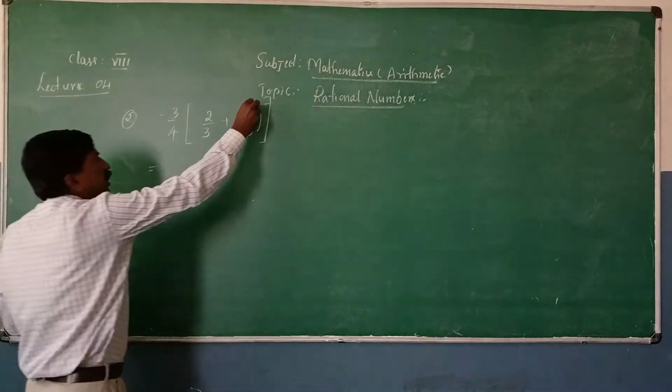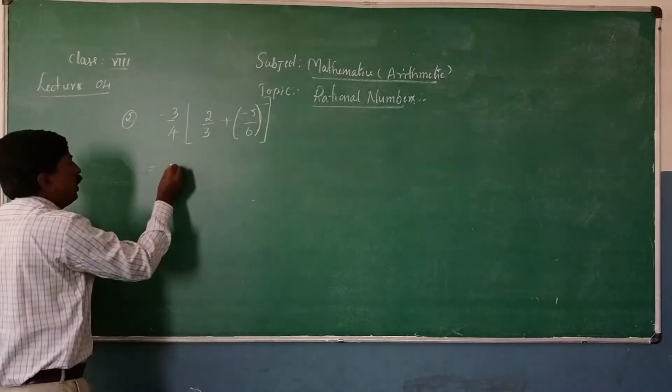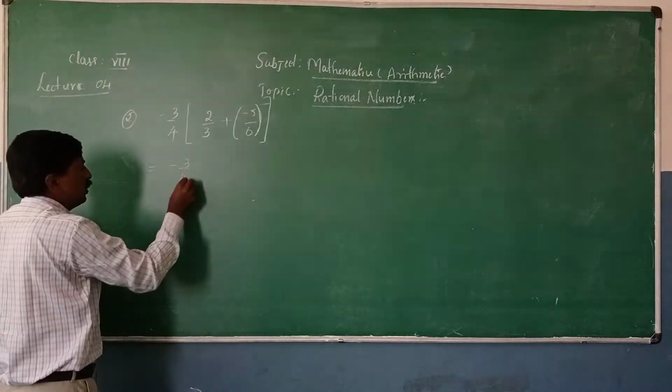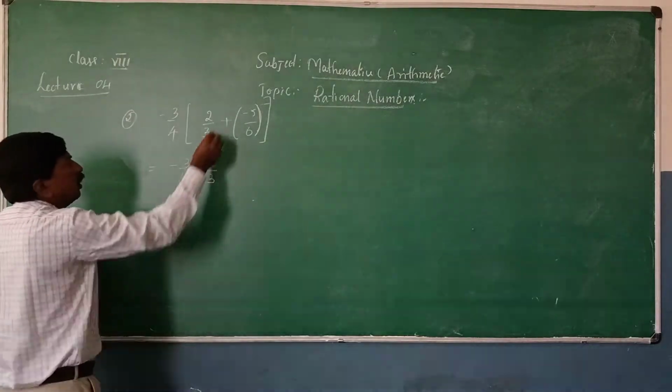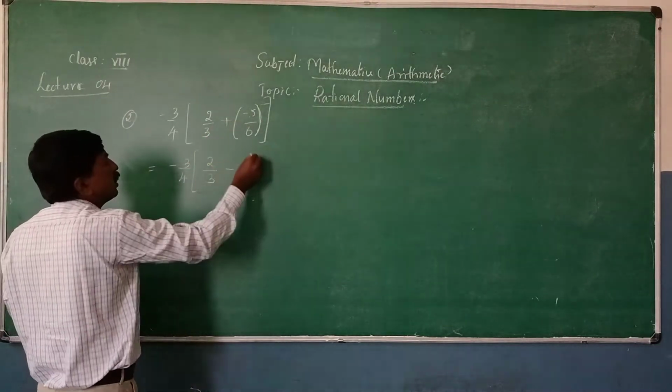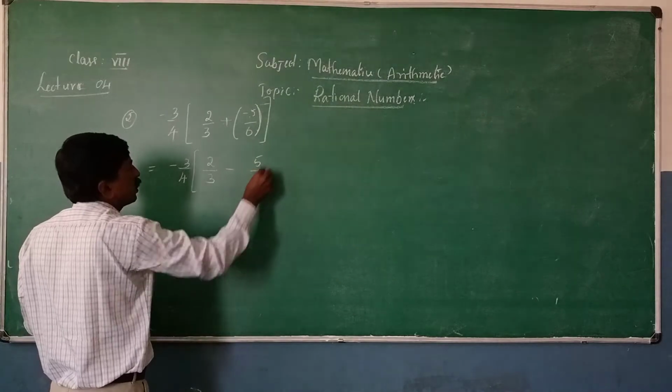So first remove this small bracket. So minus 3 by 4 write as it is, 2 by 3 is also as it is, plus into minus 5 by 6.